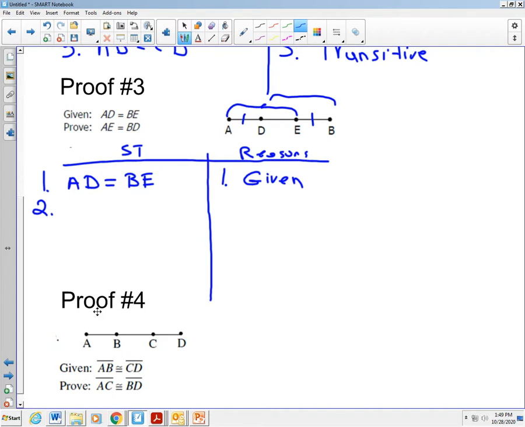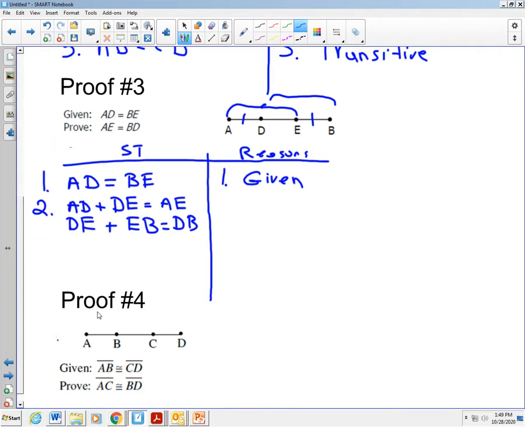Okay? We know that AD plus DE is equal to AE. And we also know that DE plus EB is equal to DB.